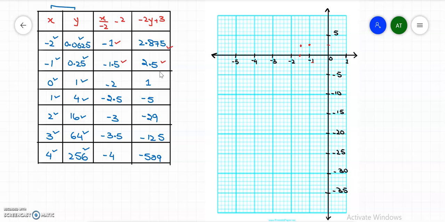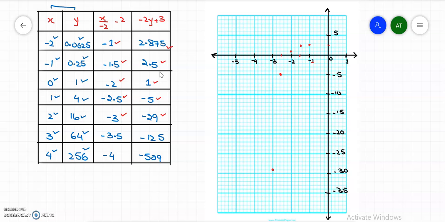The second point, x is -2, the y is 1. So that is the point. X is -2.5, y is -5. X is -3, the y is -29, that is over here.